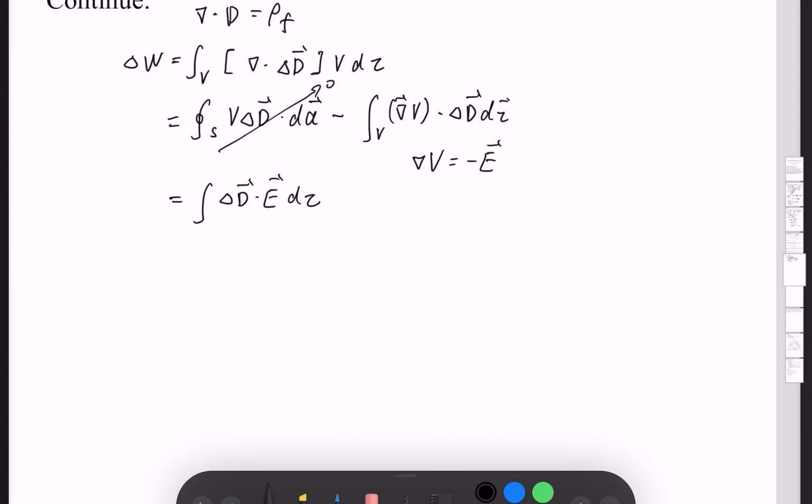This is for a general case, and for a linear dielectric material, the D vector can be written as epsilon times E. So this dD that's operating on D alone can be rewritten.